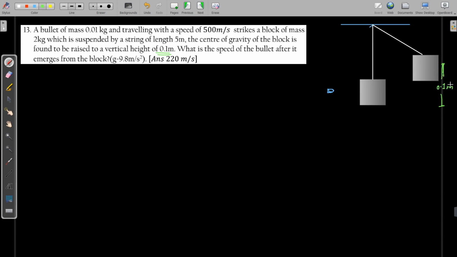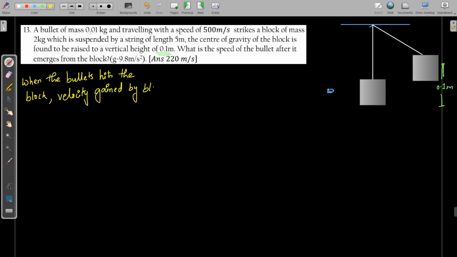So one thing is clear. When the bullet hits the block, the velocity gained by the block is used to increase potential energy.